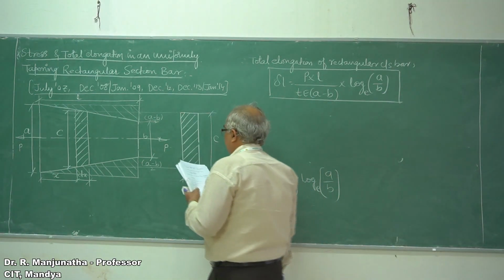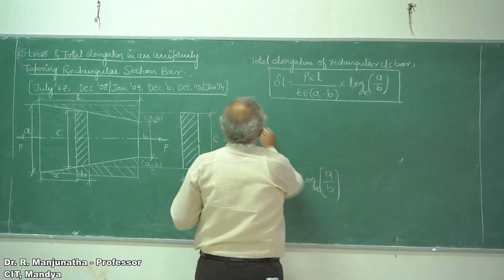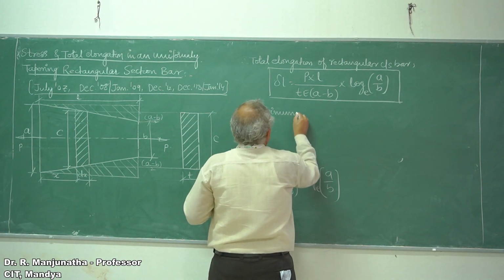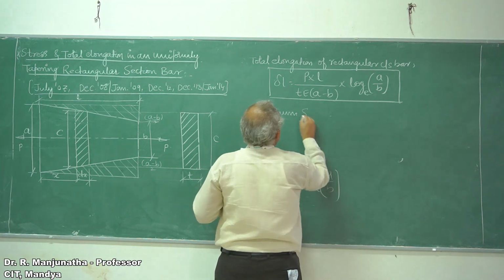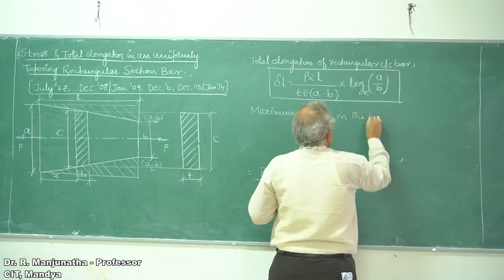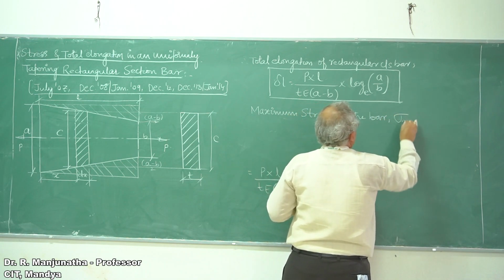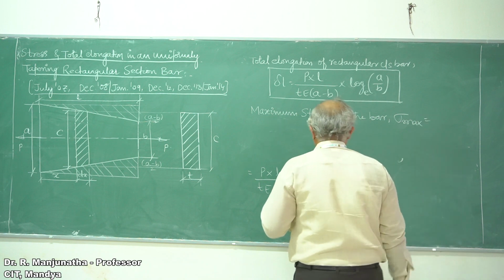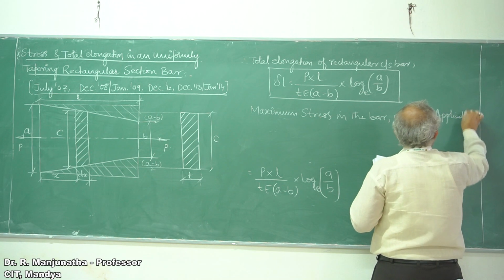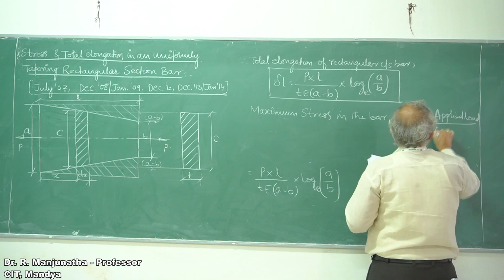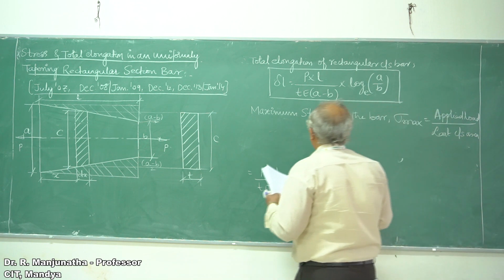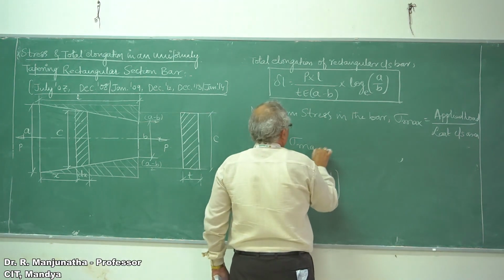Now the maximum stress in the bar, sigma max, will be equal to the applied load divided by the least cross-sectional area.